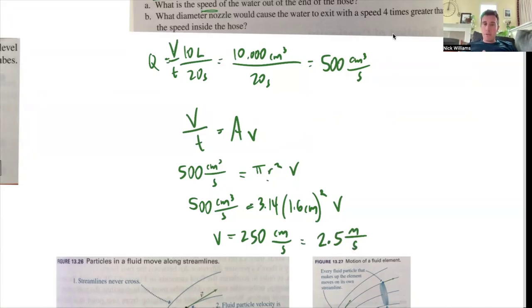So this one was primarily a flow rate: volume over time equals area times velocity, solve for velocity.